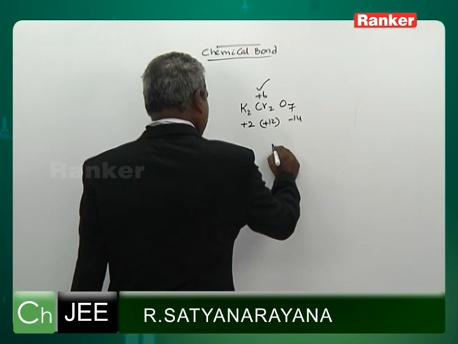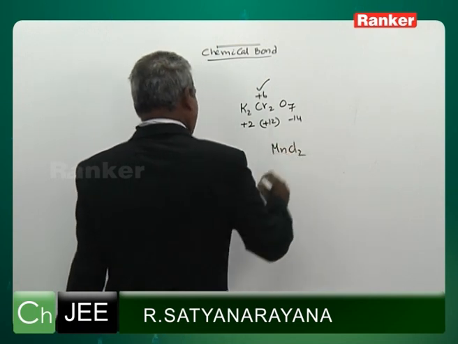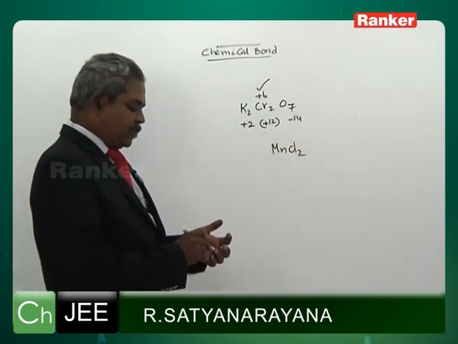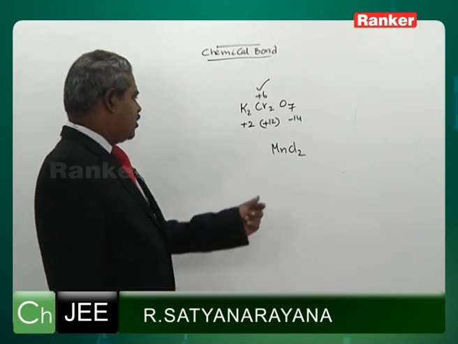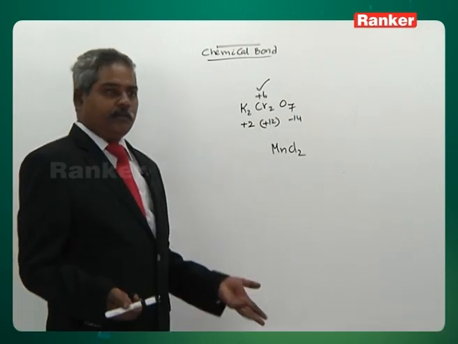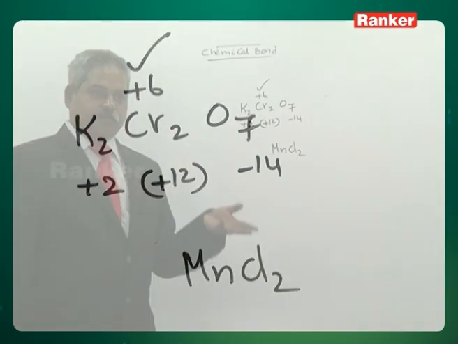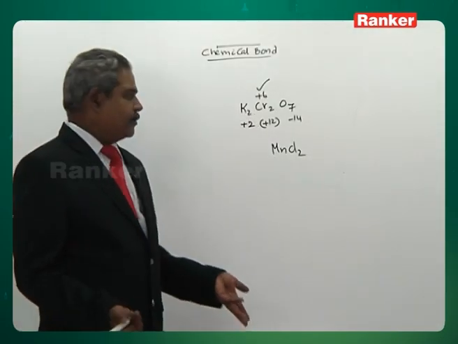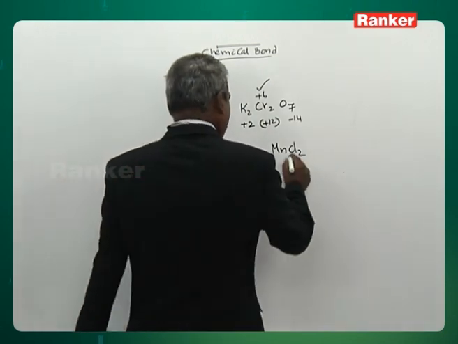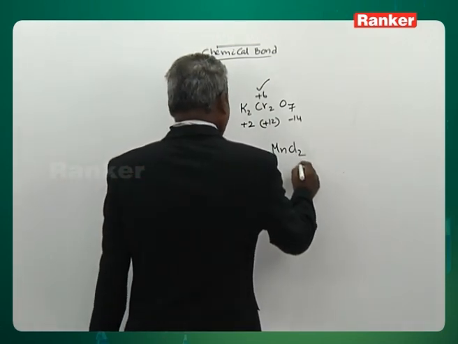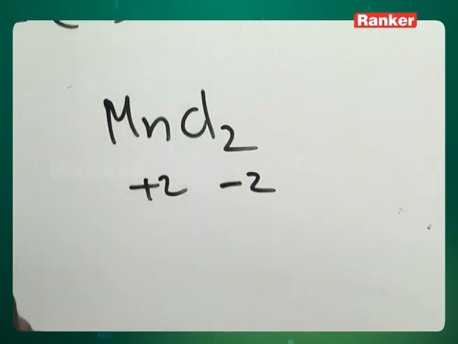And MnCl2: here neither do you have oxygen nor a fixed one. So what will you do? Use your common sense. Manganese is a metal, it can never be negative. Therefore chlorine can take minus 1 only. Therefore, MnCl2: 2 chlorines minus 2, manganese plus 2.